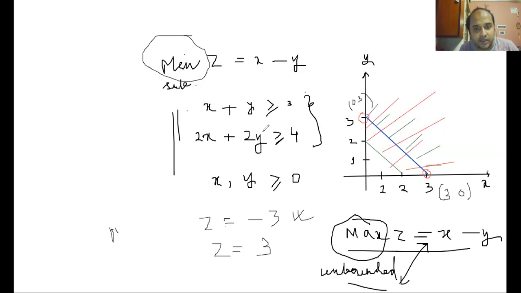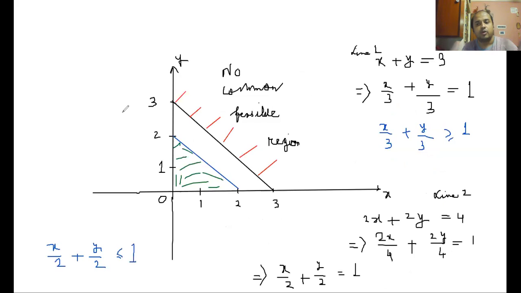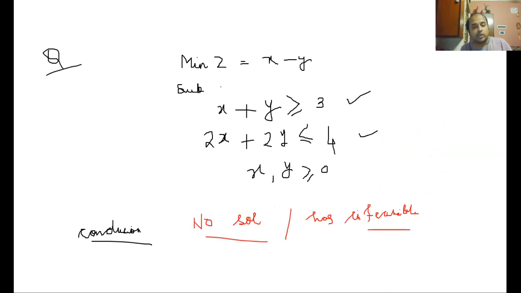But if we retain the constraints as they are and change the objective function from minimization to maximization, the same problem has a different solution, and that is unbounded. And in the previous case, there was no common feasible region corresponding to the constraints given, so the answer was that the problem has no solution or has infeasible solution.